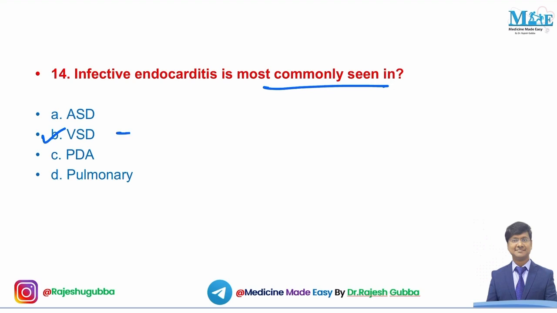Please remember, in children, the most commonly associated risk for the development of infective endocarditis is VSD, whereas in adults, the highest incidence of infective endocarditis is seen across mitral regurgitant lesions.